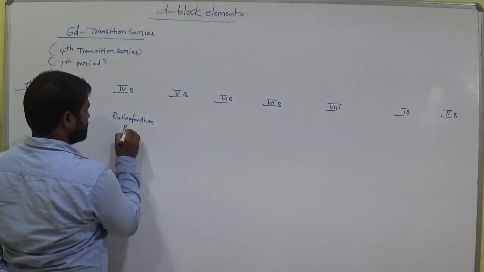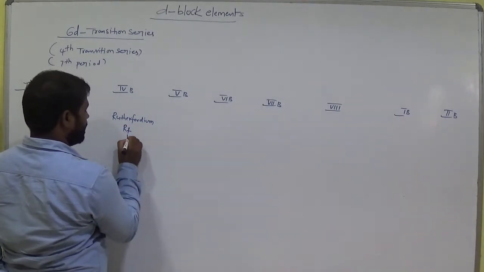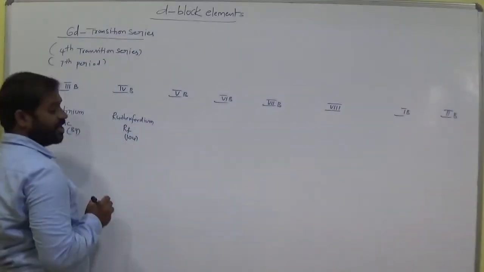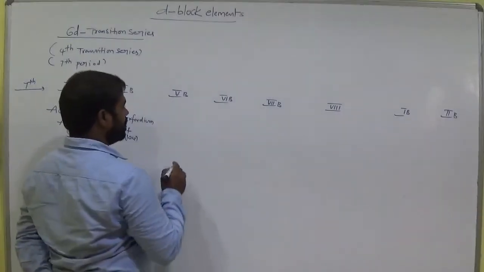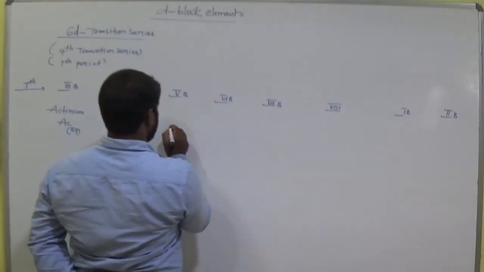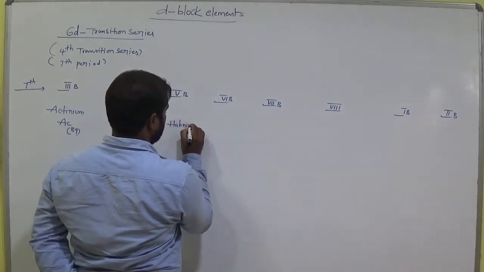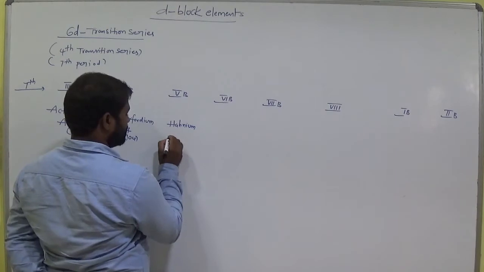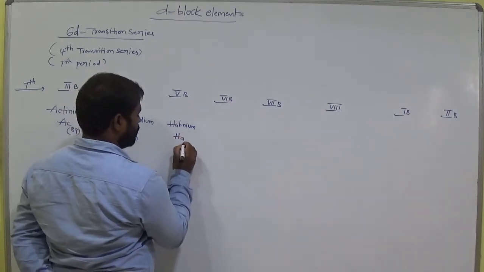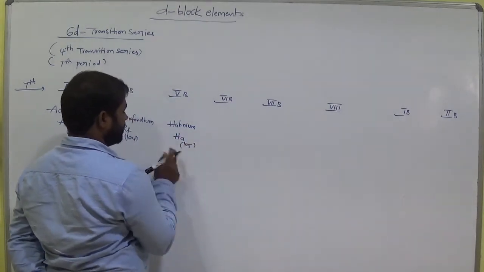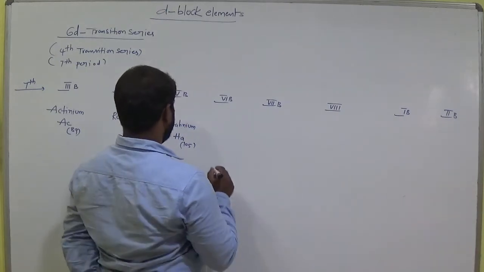Its symbol is Rf. Atomic number is 104. Rutherfordium is named after the scientist Rutherford. And the fifth one, Hahnium. The symbol is Ha, 105. After 104 comes 105, Hahnium.